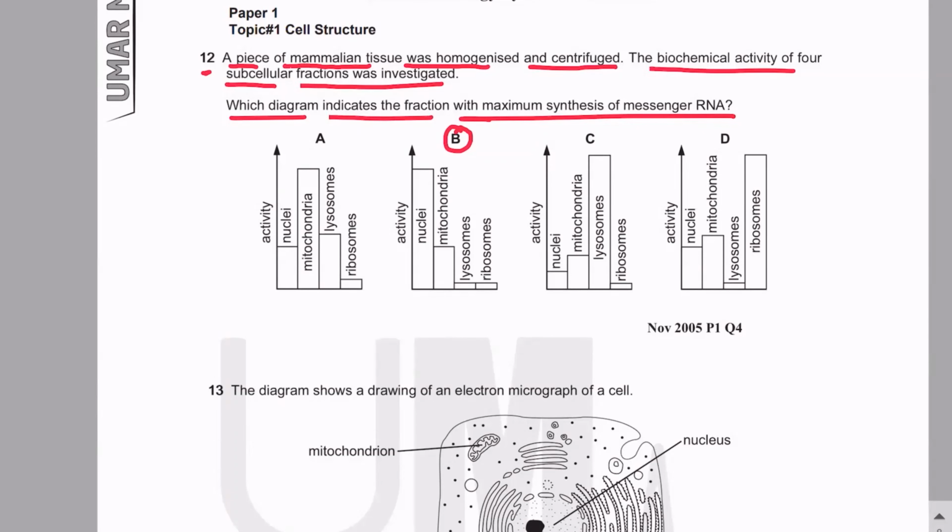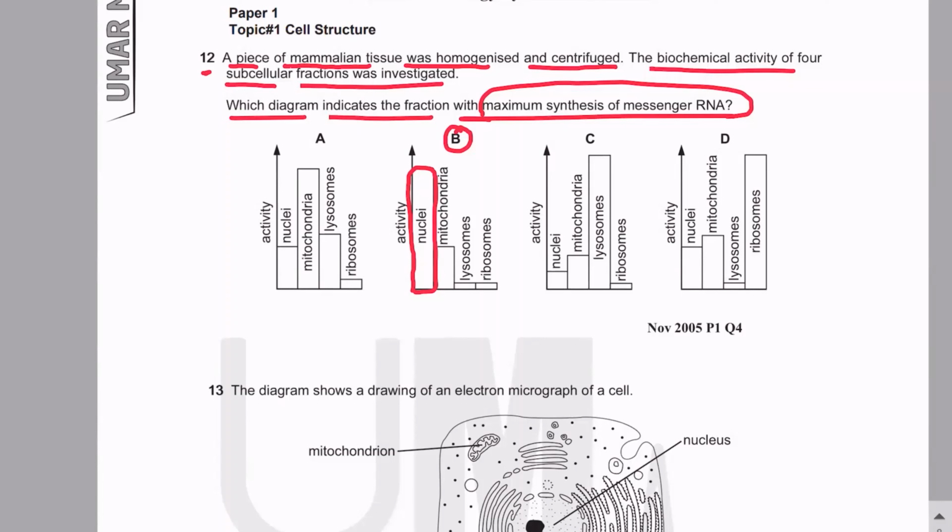The answer should be B. Why? Because the nuclei will have the most activity of synthesizing the messenger RNA, because messenger RNA is synthesized in the nucleus during transcription. Transcription also occurs in the mitochondria, but more transcription occurs in the nucleus as compared to the mitochondria, right?